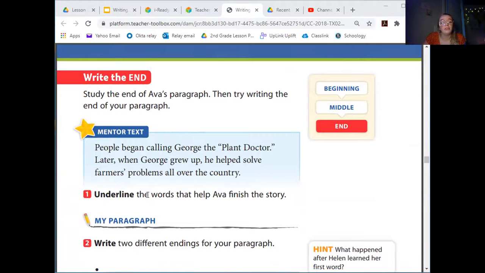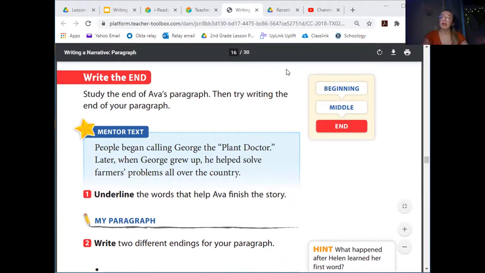It says, underline the words that help Ava finish the story. So go ahead and pause your video. Underline the words that help Ava finish the story. Come back when you're done. We'll go over it together.